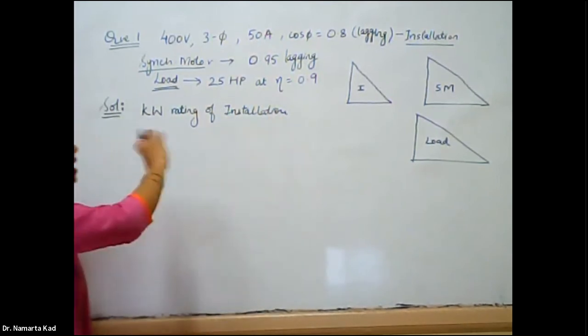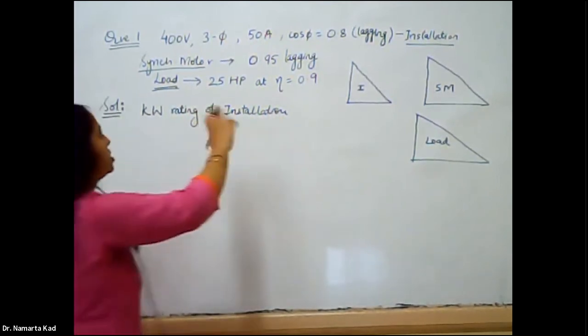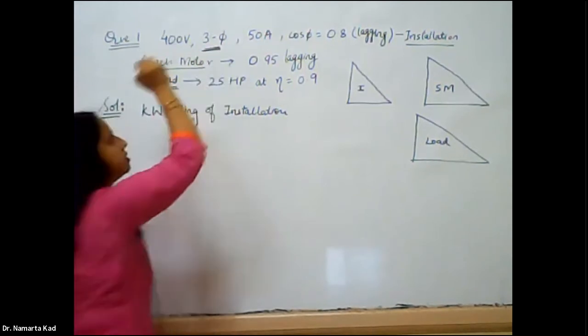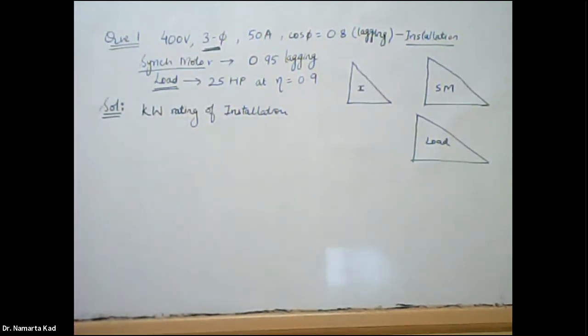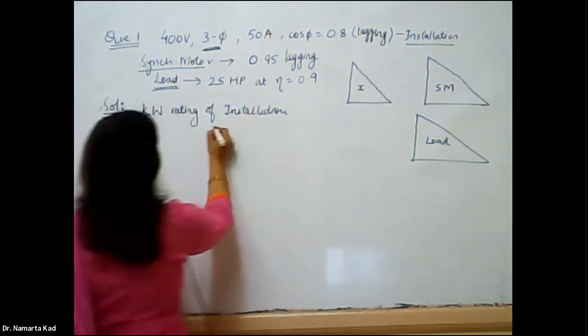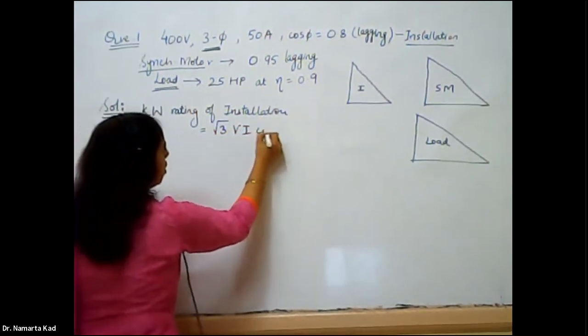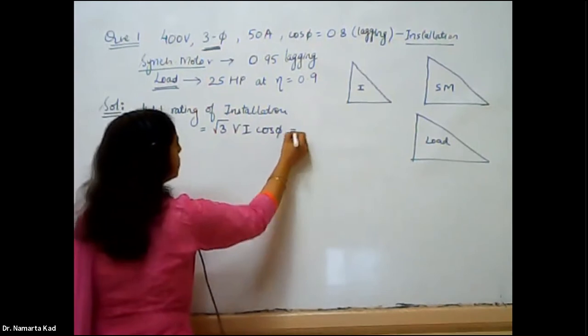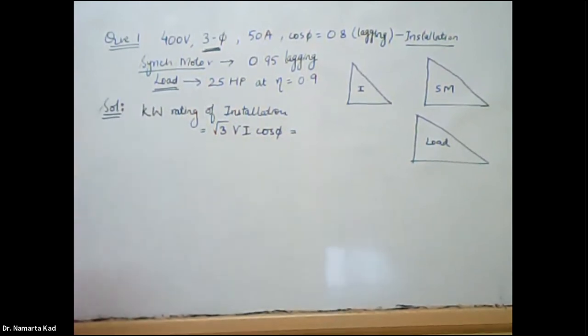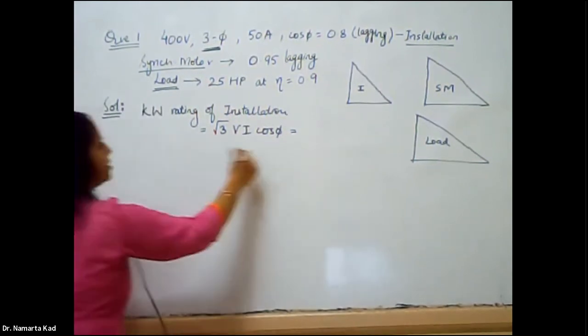As we know that the installation is three phase, the formula for the kilowatt rating comes out to be root 3 VI cos phi. Just put down the values.